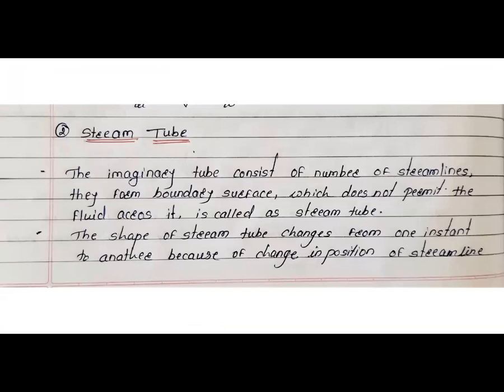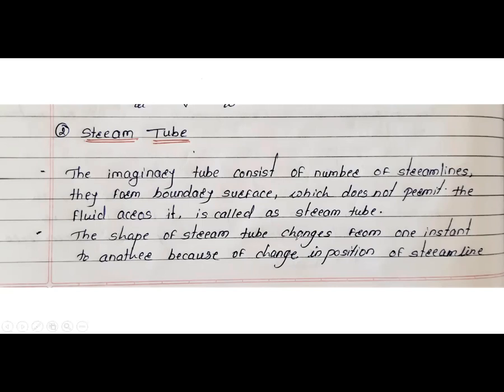Next, the stream tube is similar to a streamline. It is an imaginary tube consisting of a number of streamlines. They form a boundary surface and prepare a tube-like structure which does not permit the fluid to flow across it. It's called a stream tube. So it allows the fluid to flow, but it does not allow it to cross the boundary lines.